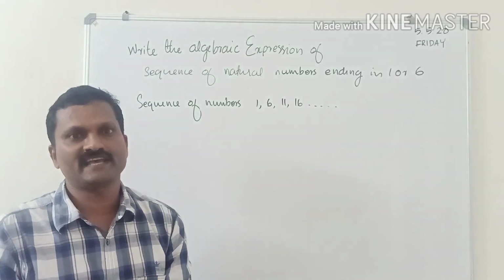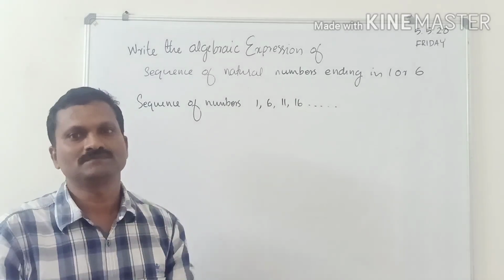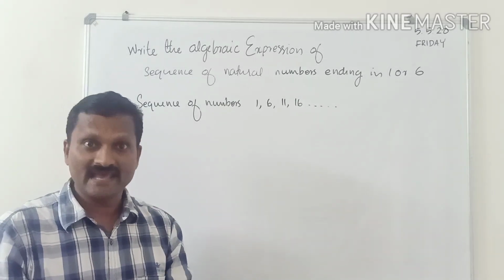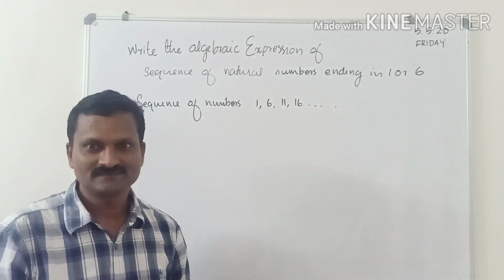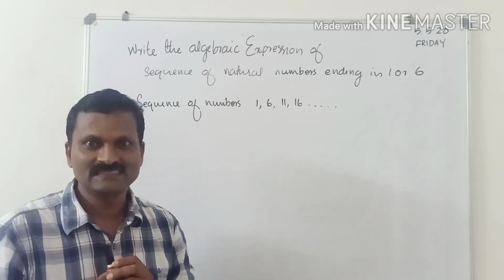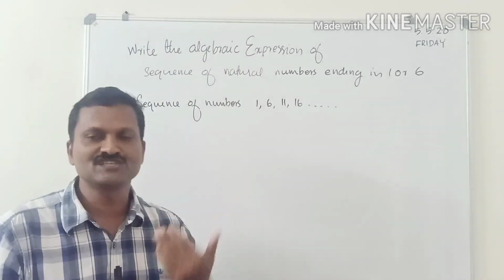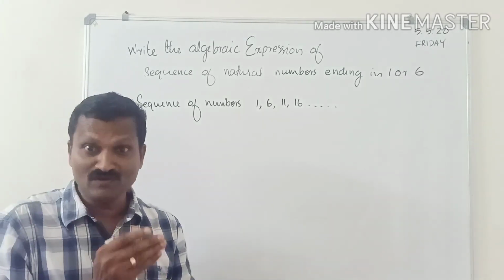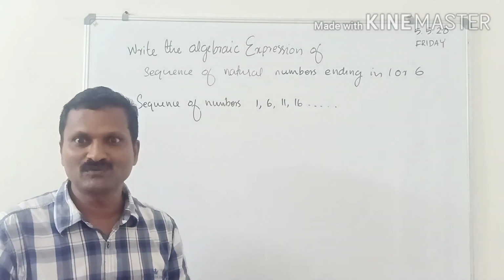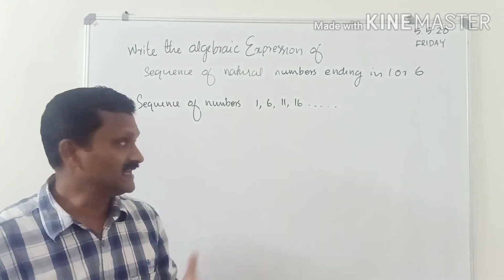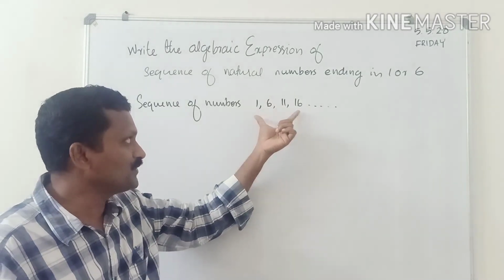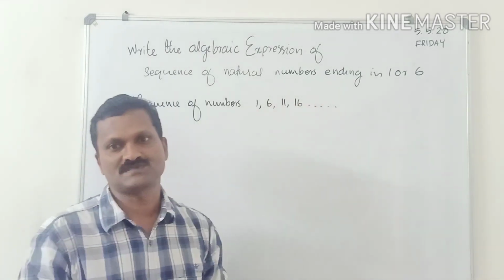Write the algebraic expression or general form. As we did earlier, we have to find the relation between natural numbers and these terms. We know that natural numbers are 1, 2, 3, etc. How do we relate these natural numbers to these terms?